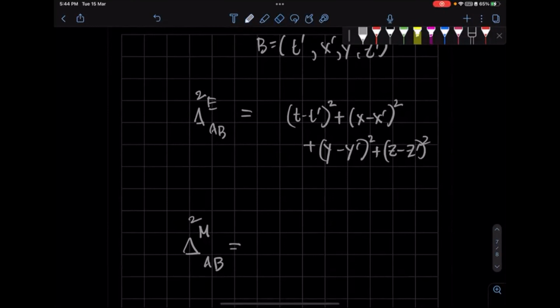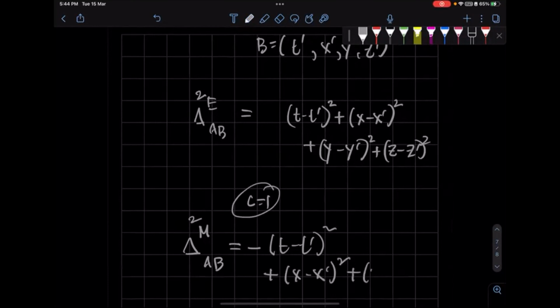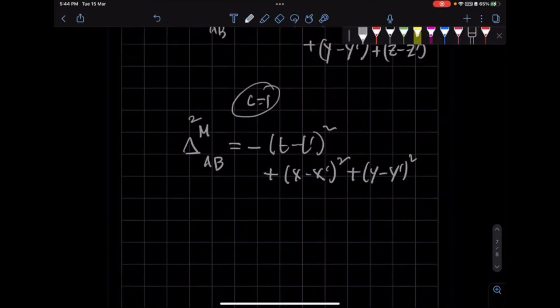This is going to be minus (t minus t') squared, in units where the speed of light is 1, so there's a minus sign here, and then plus (x minus x') squared plus (y minus y') squared plus (z minus z') squared.